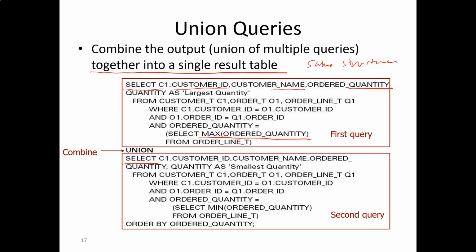And the second query will give you the customer ID and the name of the customers who order the smallest quantity. And since both of these queries will give you 3 fields, the customer ID, customer name, and order quantity, you can use the union keyword to put the results of these two queries together into one table. So that's basically what union query is.